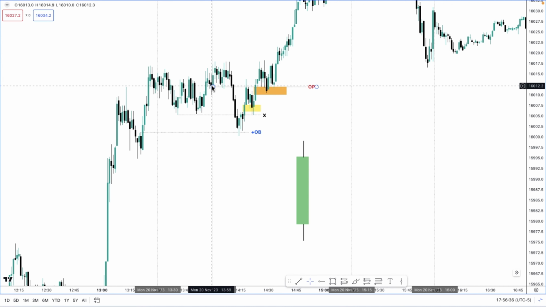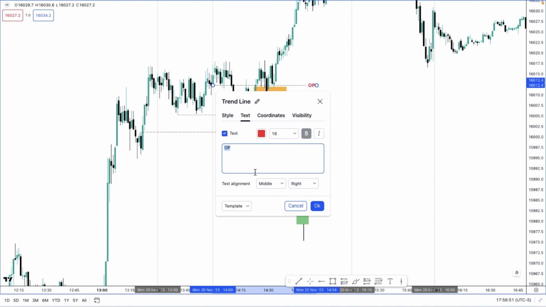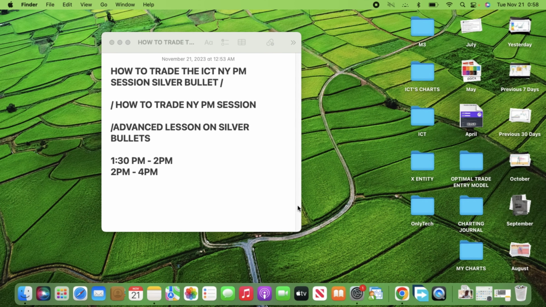When the 1 minute candle opens at 2 o'clock, you're gonna mark that price. So you're gonna mark this opening price at 2 o'clock and extend that to the future. This is what is called the opening price. Now, if you are not so new to this concept, you're wondering, why am I using an opening price of 2 p.m.? Because the PM session silver bullet is actually the PM session trade.